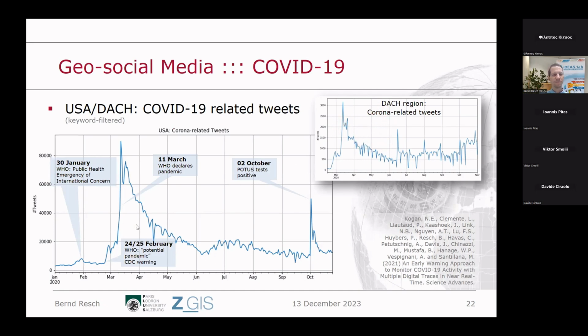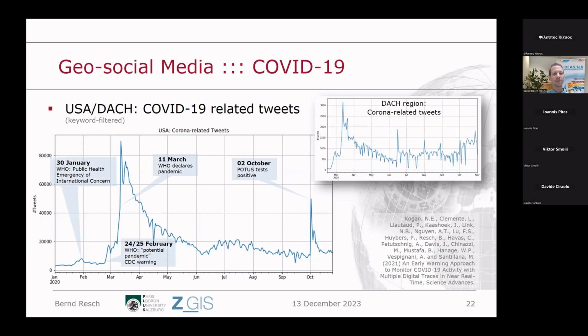It's very similar. And then what you see is that you have these rises here, then up here, and then the big one up here, which is basically very strongly correlated with different kinds of events. So for example, the WHO announcing a public health emergency of international concern here. 3 weeks later, announcing a potential pandemic, and the CDC, the Center for Disease Control in the US, issued a warning.